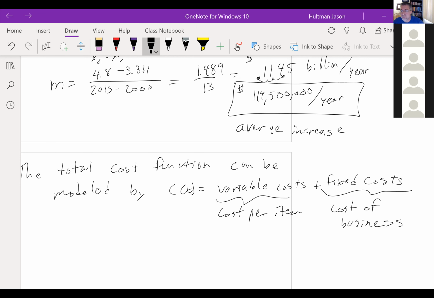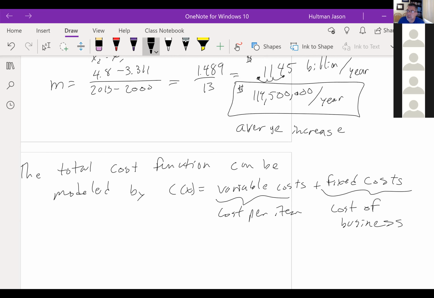So say I go out and I'm going to make some widgets, and I buy a $10,000 machine to make my widgets so I can sell them, right? Well, is that a variable cost or a fixed cost?